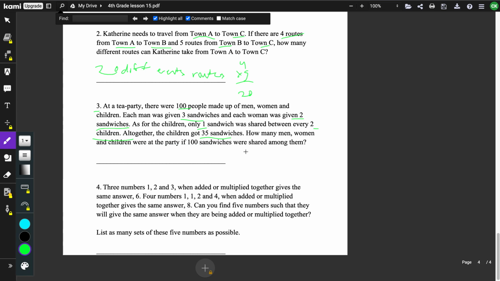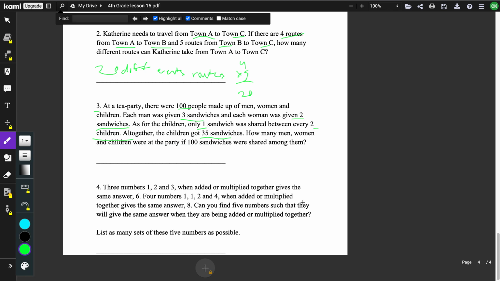Let's calculate how many men there were. We know 100 people made up of men, women, and children were there, and each man was given 3 sandwiches and each woman was given 2 sandwiches.